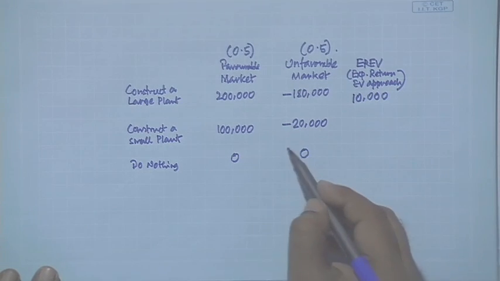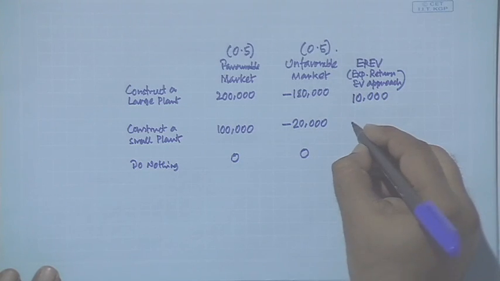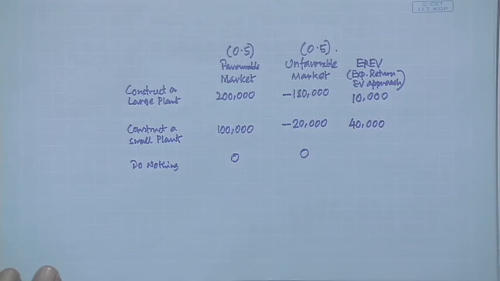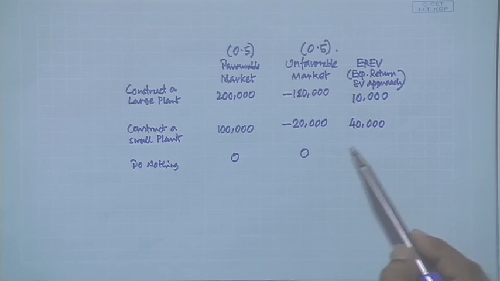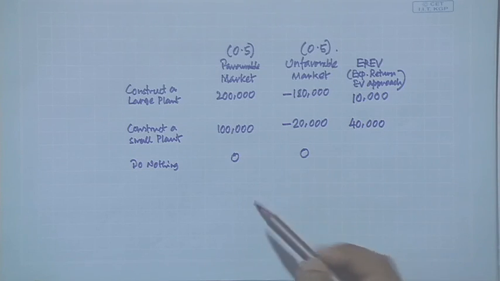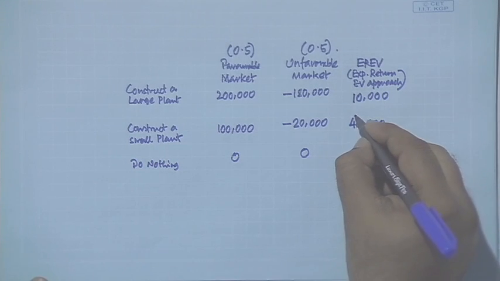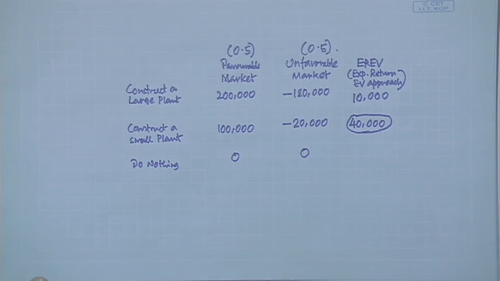100,000 into 0.5 minus 20,000 into 0.5, and it would have been 40,000. So, this would have been our expected return with the expected value approach. Obviously we would have constructed a small plant because that is giving us a better expected value.